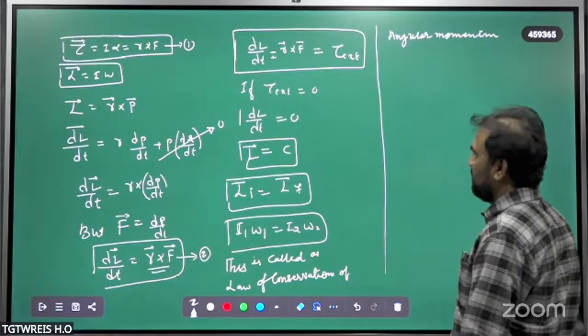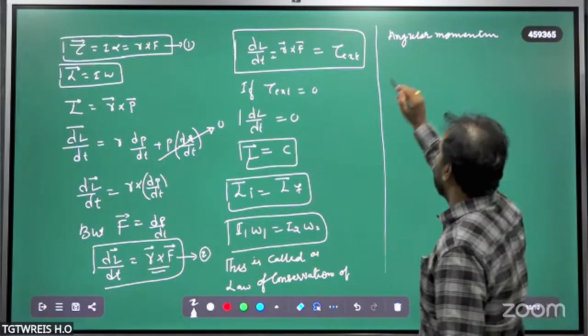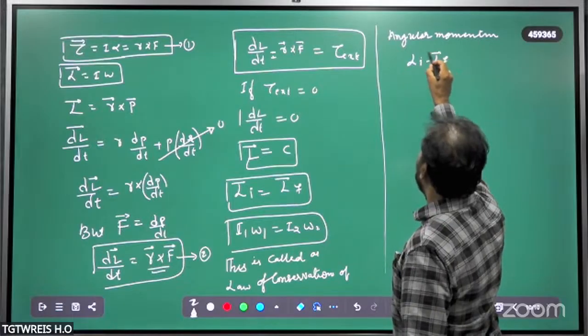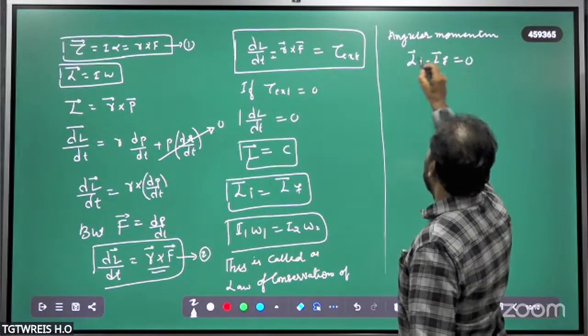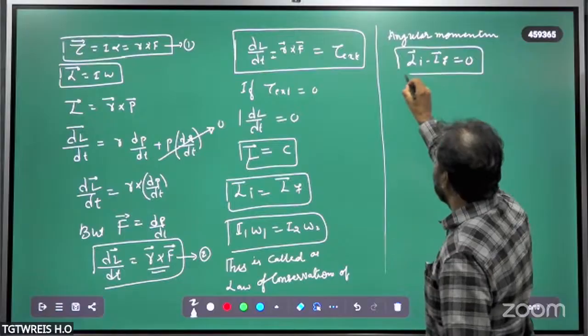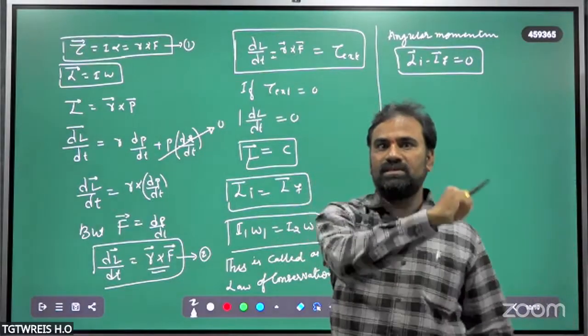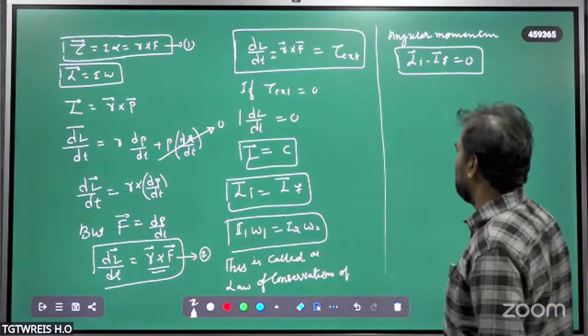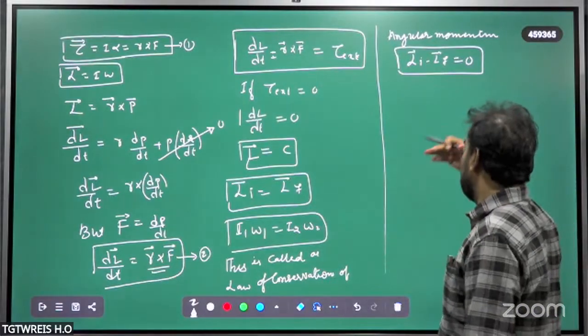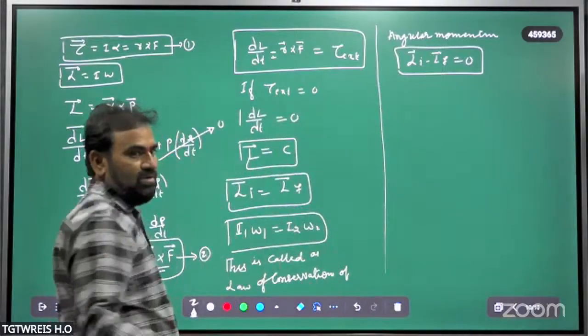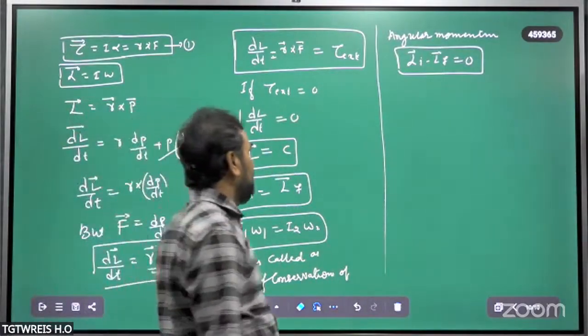What is the law of conservation of angular momentum? Li is equal to Lf. That means Li minus Lf is equal to 0. If the net torque on a system is equal to 0, then this is called the law of conservation of angular momentum. In this case, the initial angular momentum of the system is equal to the final angular momentum of the system.